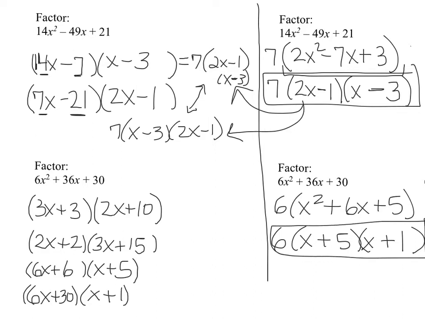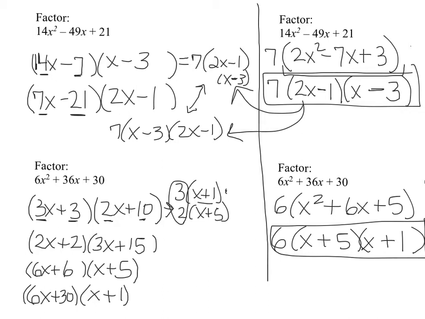All right? So now, if you look at this problem, going back over to the left, this has a GCF of 3 in it. If I pull that 3 out, I'm going to be left with x plus 1. And this has a 2 in it. If I pull that 2 out, I'm going to be left with x plus 5. And if you think about this, all being multiplied together, isn't 3 times 2, 6?